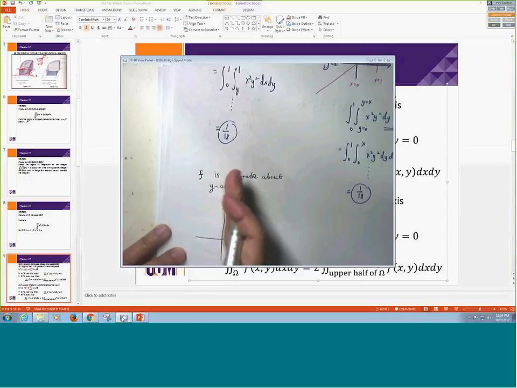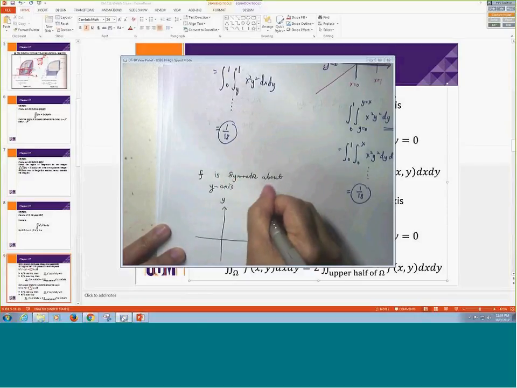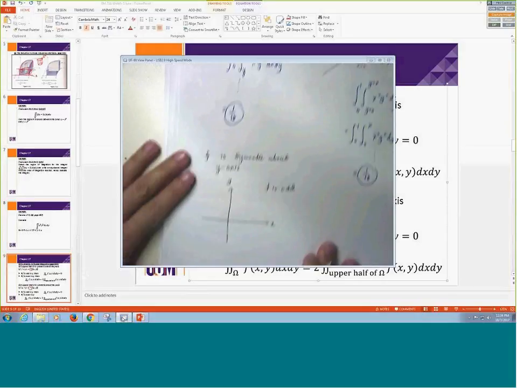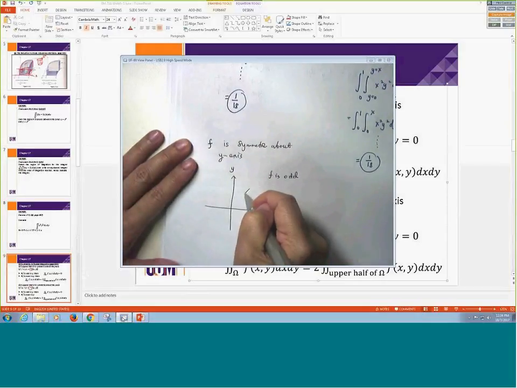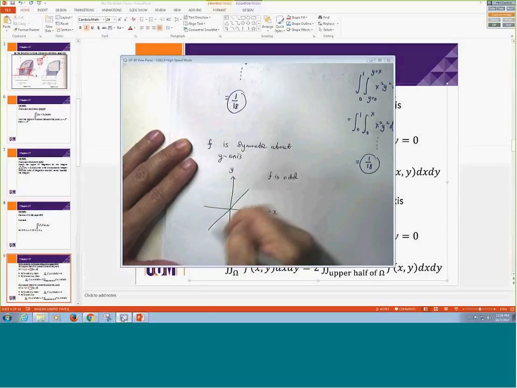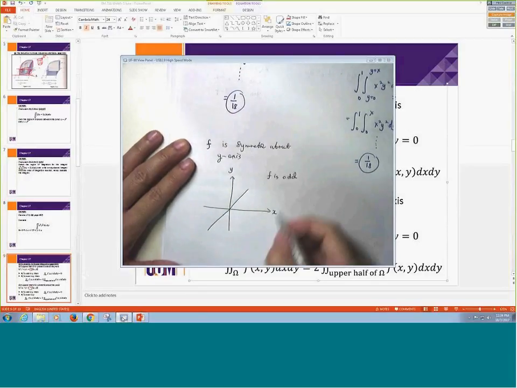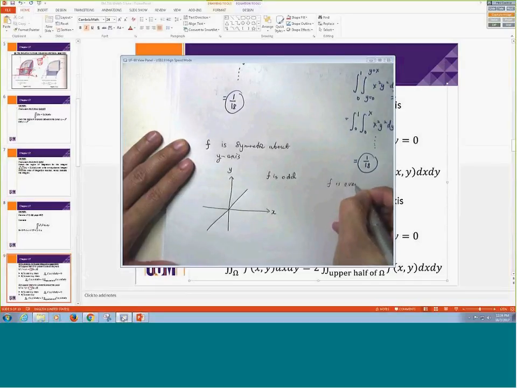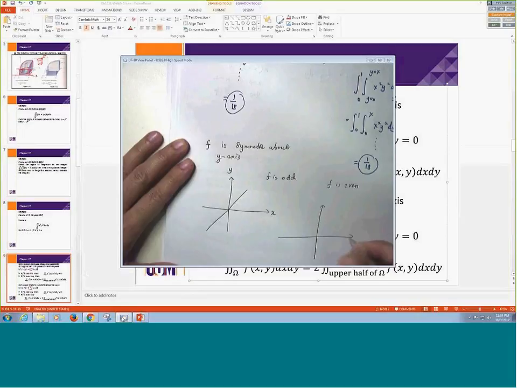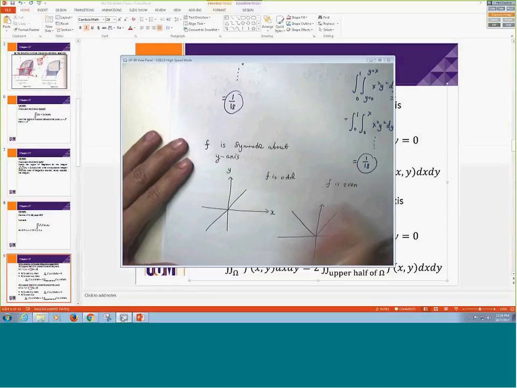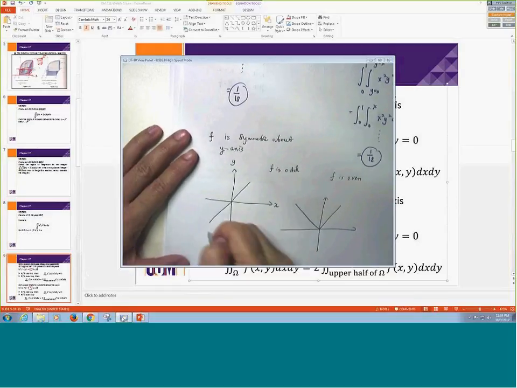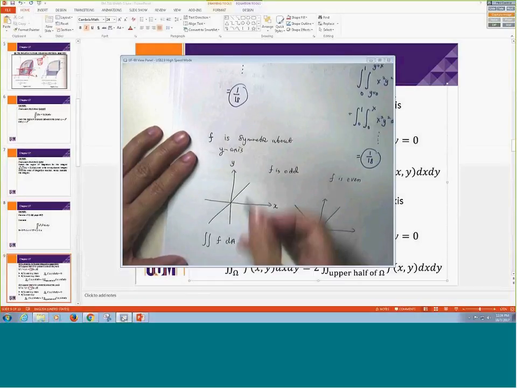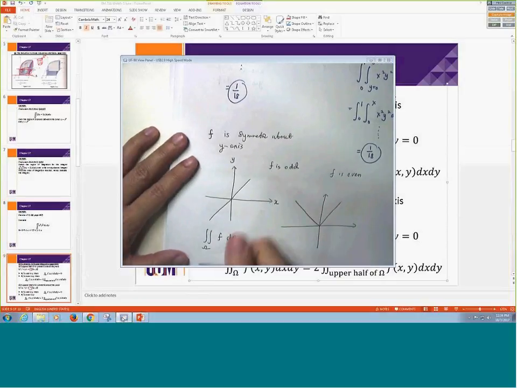If f is odd, that means the symmetry is the negative, like this. When f is even, the symmetry is like this. So let's say I would like to find the integral of the function over a region omega, from here to here.